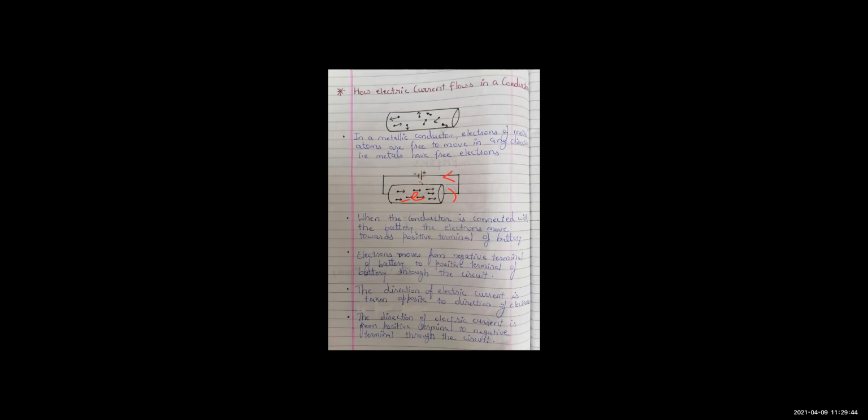Plus the electrons which are present on the negative terminal, here also electrons are there, right? These electrons also start flowing from the negative terminal towards the positive terminal. So children, this is the direction of flow of electrons in a circuit, that is from negative towards positive, right children?